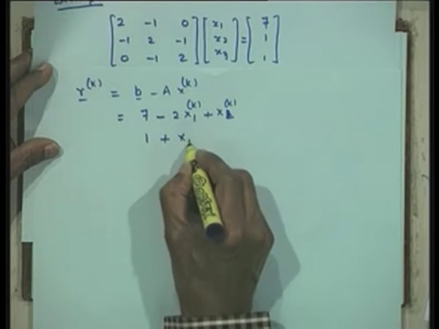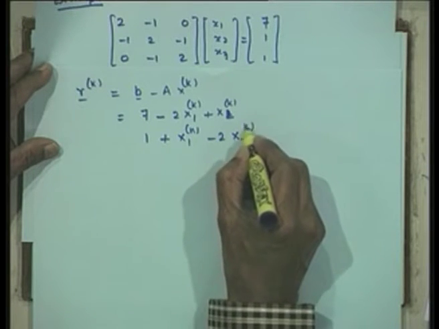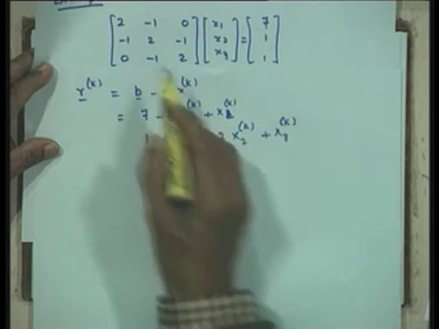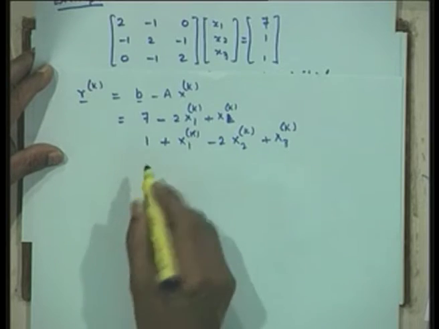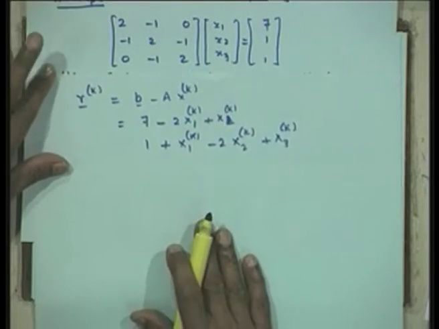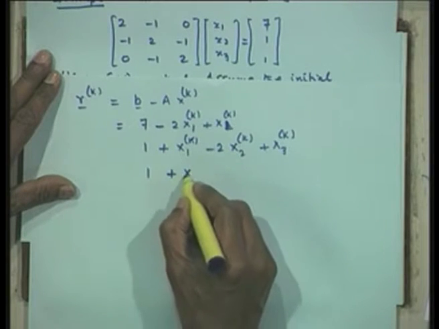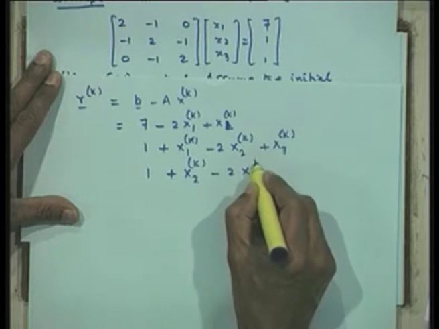So, plus x1 of k, 2 times x2 of k plus x3 of k. I have taken these 3 values to the right hand side, and the third component is 1, plus x2 of k, 2 times x3 of k.